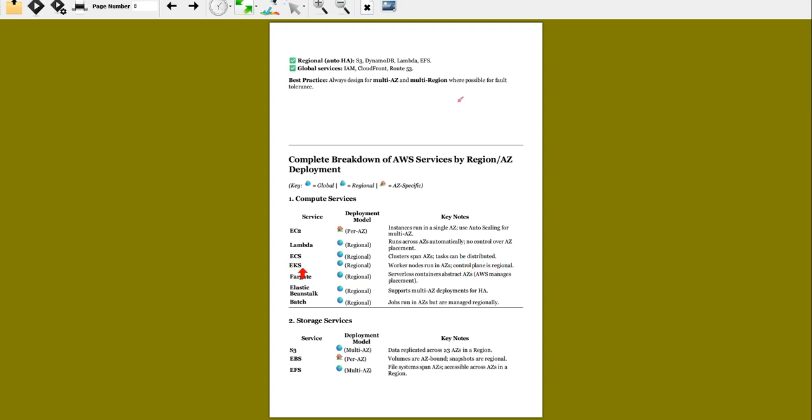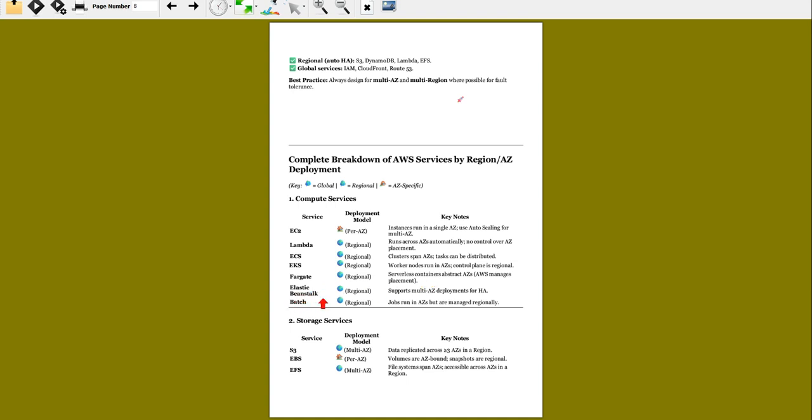EKS, Kubernetes Service, is regional; worker nodes run in availability zones and the control plane is regional. Fargate is regional serverless containers that abstract the availability zone, with AWS managed placement. You can't put them into an availability zone yourself.